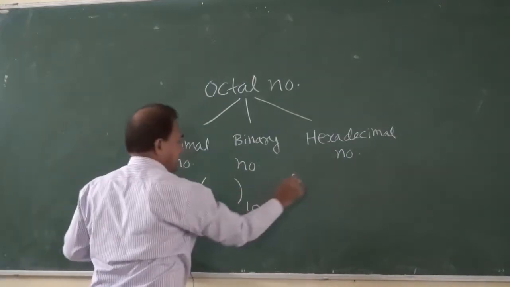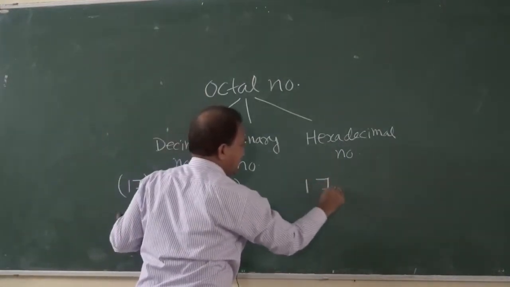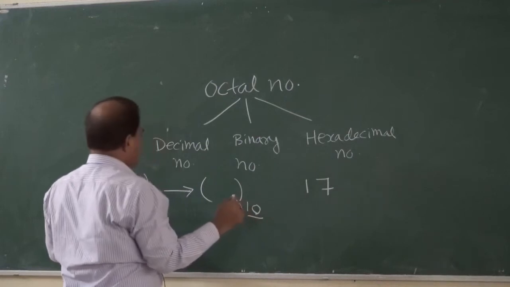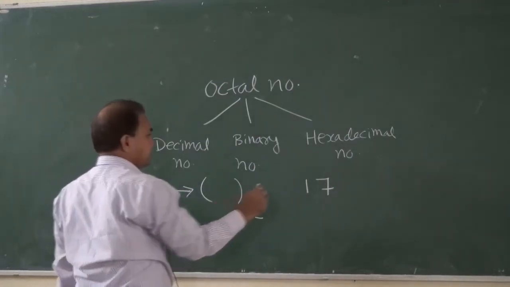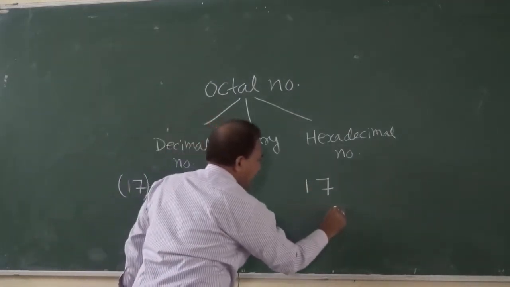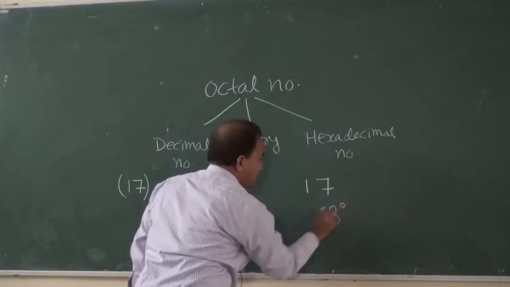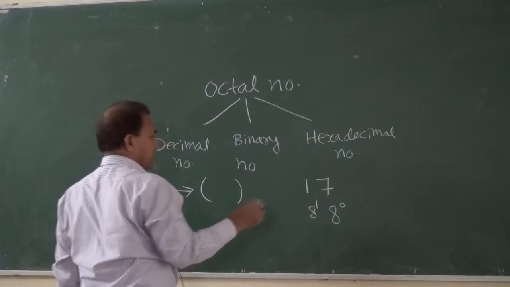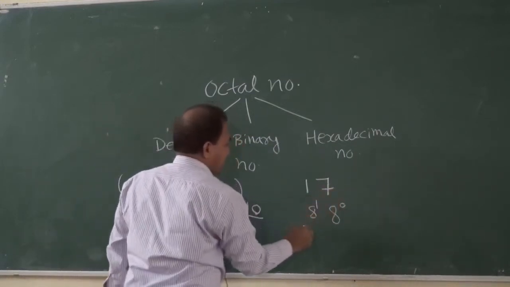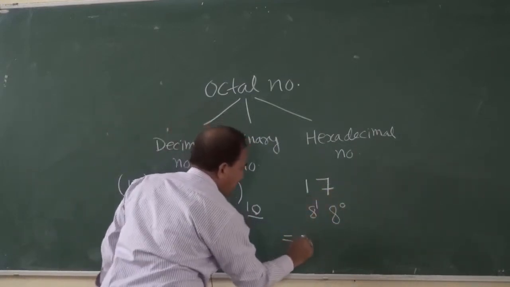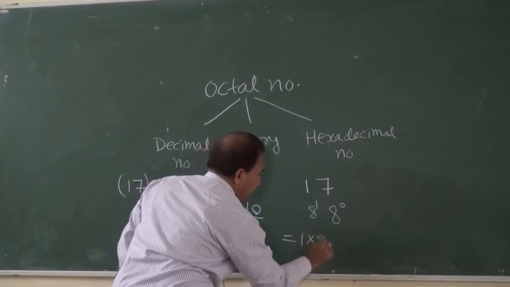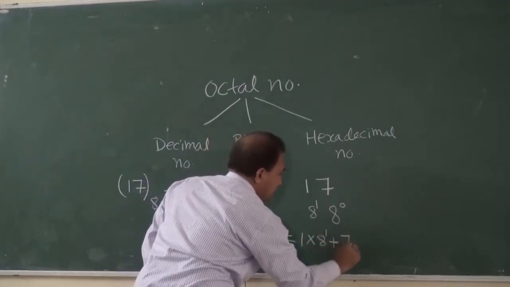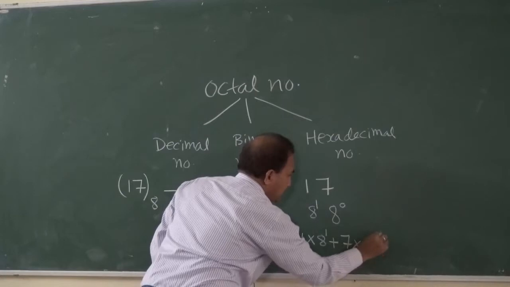Okay. So for this we have to see, it is 1 7. So how can we convert it? You can write like this: 8 to the power 0, 8 to the power 1. Okay. Positional value. So it is equal to 1 into 8 to the power 1 plus 7 into 8 to the power 0.